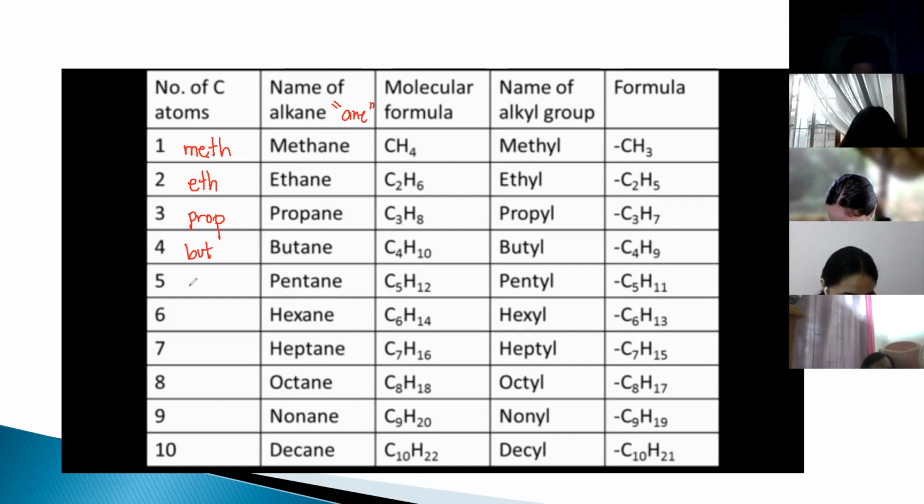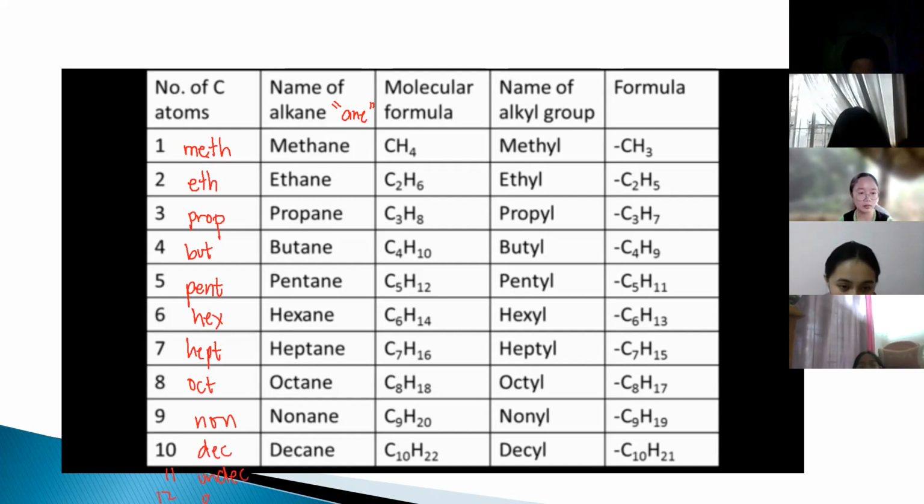And then for 5 carbons, the prefix is pent, so pentane. Then 6 is hex, 7 is hep, 8 is oct, so we call it octane. Then 9 is non, and lastly 10 is dec. We also have 11, undec, and for 12, dodec. Those are the prefixes we use in naming organic compounds.